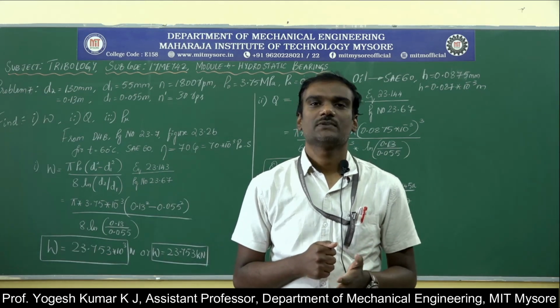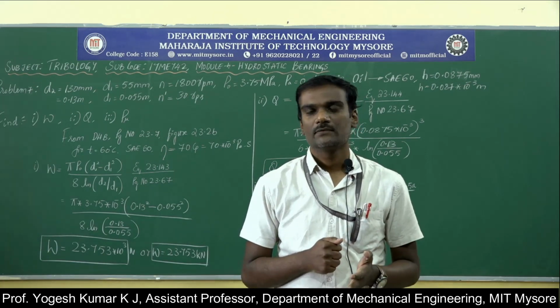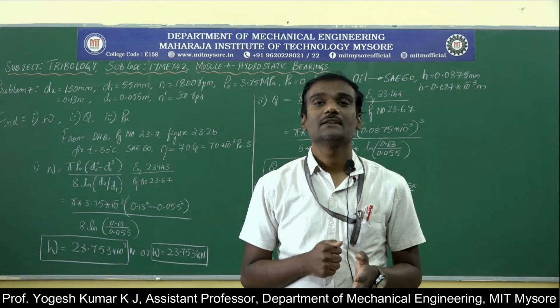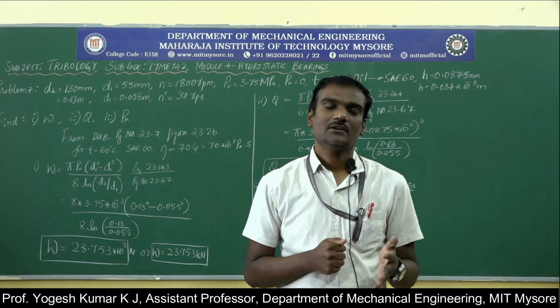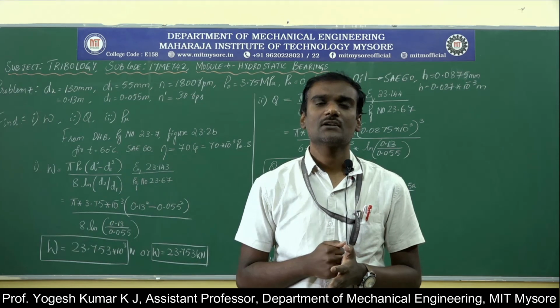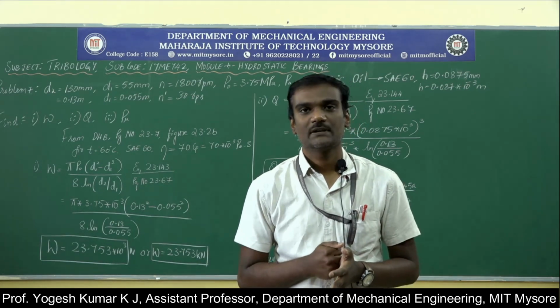You know the coefficient of friction, mu equals frictional force divided by the normal load. You know how to get the frictional force. Frictional force is the ratio of torque to the radius. It is very simple. What is torque? Torque is nothing but force into the perpendicular radius.